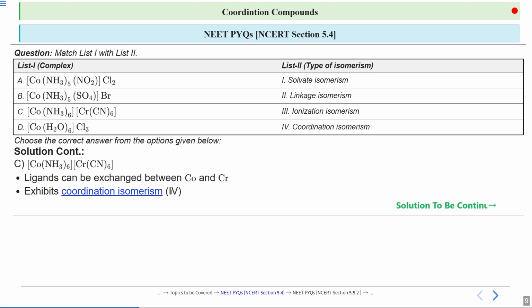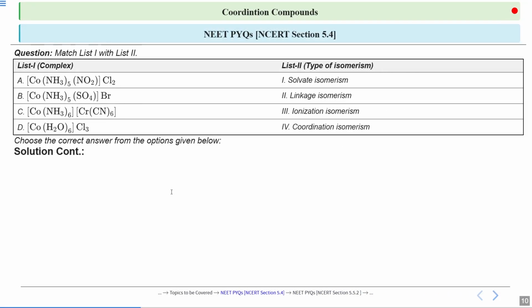Now the only remaining is D. So let's see that. The D complex is [Co(H2O)6]Cl3, right? Here it can exist with a different number of water molecules.